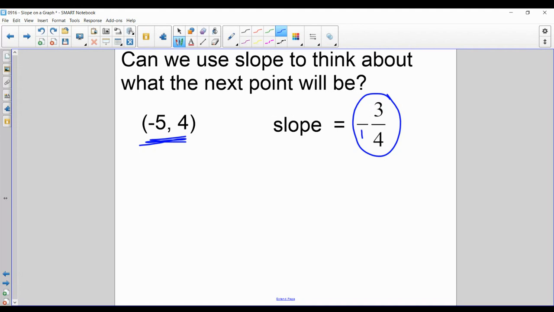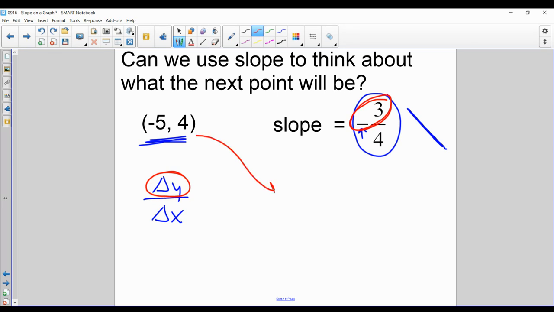This slope is negative, so I know this line is going down from left to right. If I have this point, remember that slope is change in y over change in x. So my change in y is going to be going down 3.